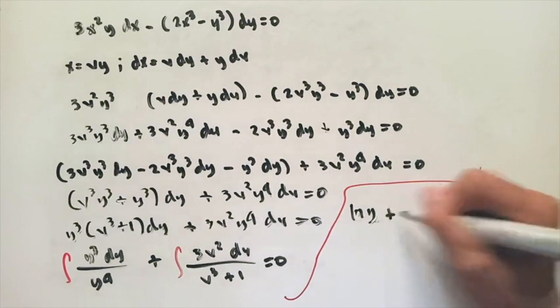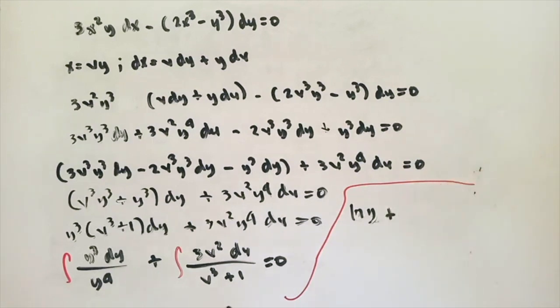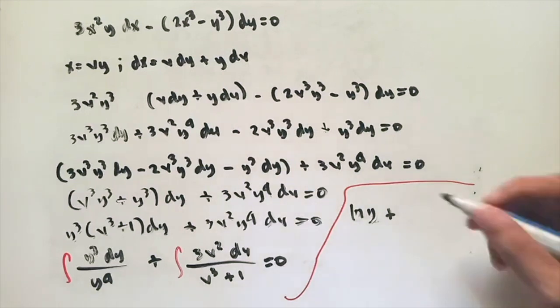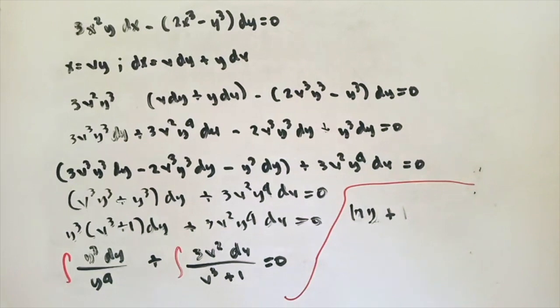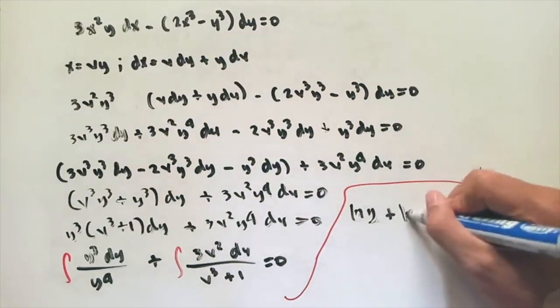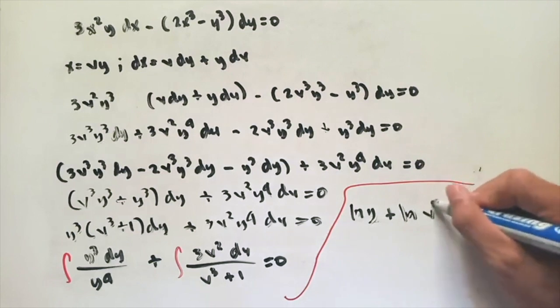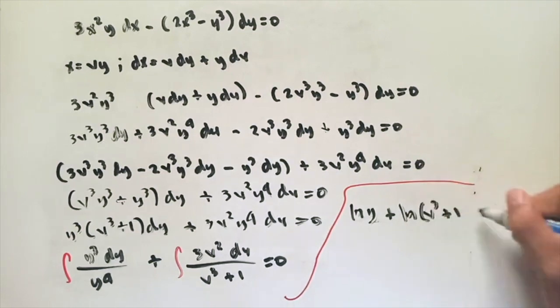Plus, if we set u equal to v cubed plus 1, then du will become 3v squared, and this will be cancelled, and this will also be a log. So this is equal to ln of v cubed plus 1, then equal to c.